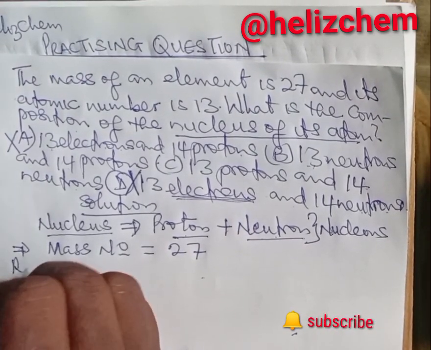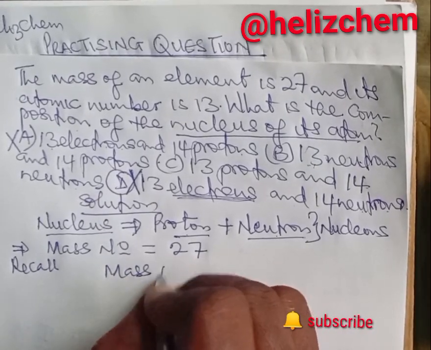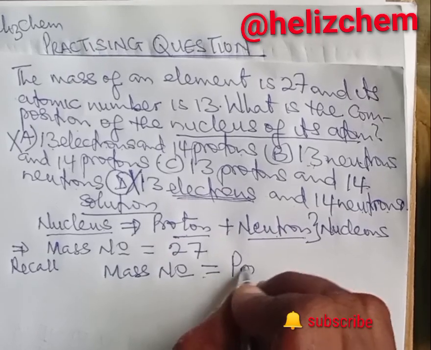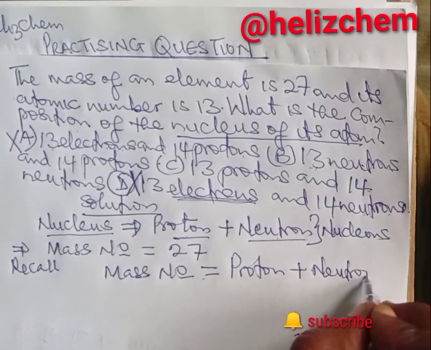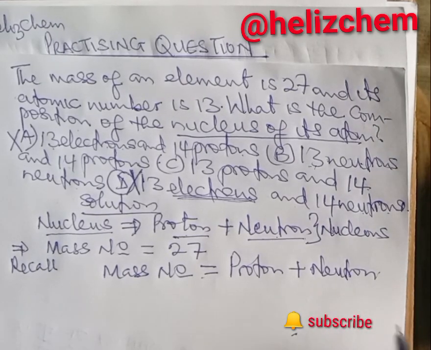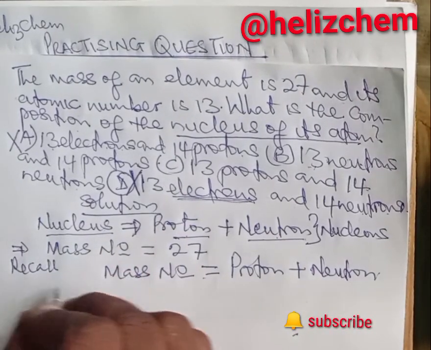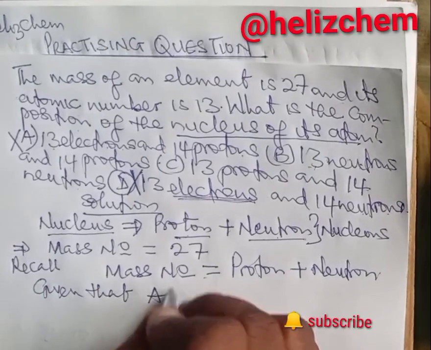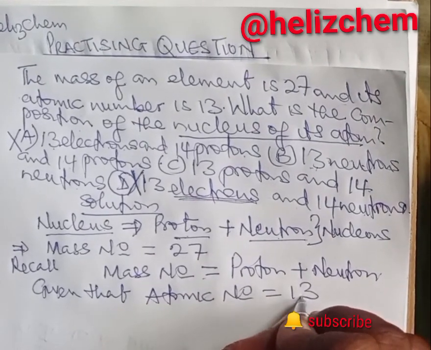But let us recall that the mass number of an element is proton plus neutron. That is the mass number. Don't forget that the atomic number is also given as 13, given that the atomic number of that atom is 13.